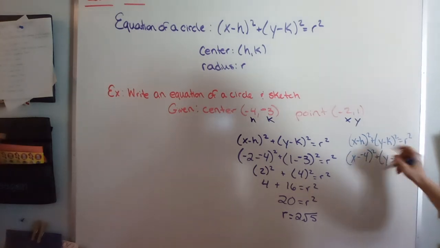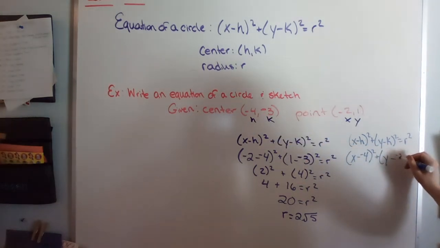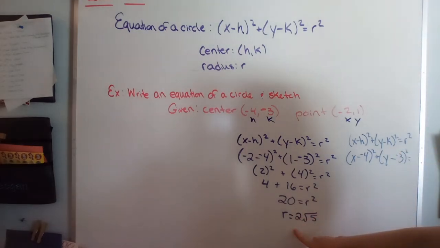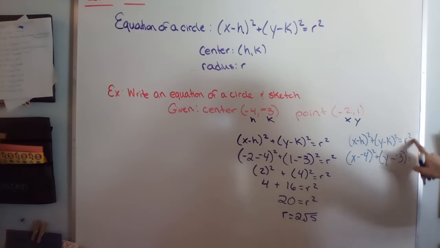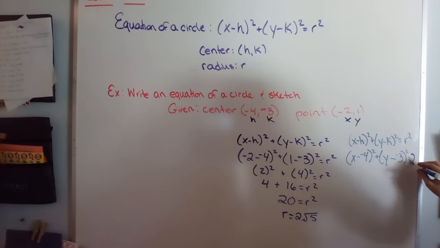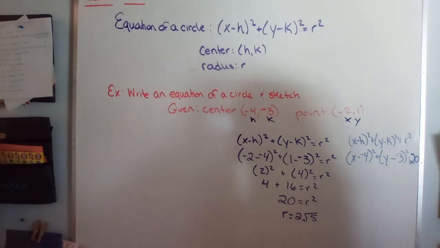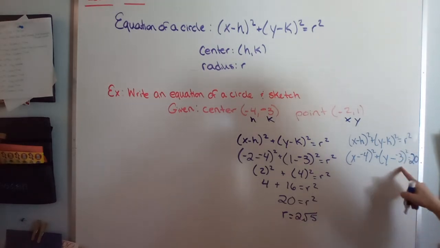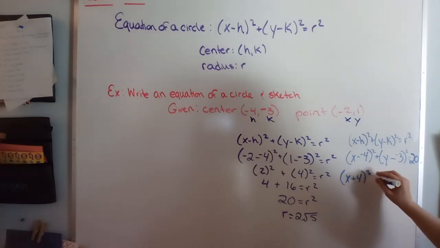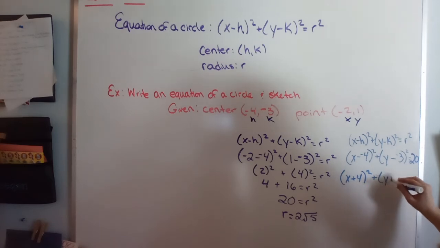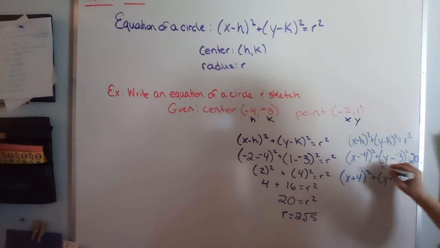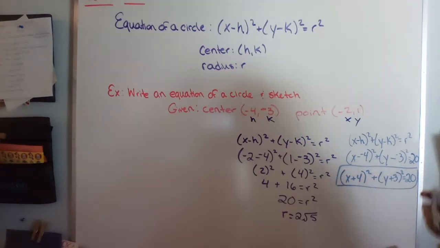Your k value is -3, so minus -3 squared. Now, I could substitute in my r value and square it, but I really want to know what is r squared. And I already know r squared is 20. I'm just pointing that out so you don't do any extra work that you don't need to do. Clean up the signs. So it's x plus 4 squared plus y plus 3 squared equals 20. That's your equation.